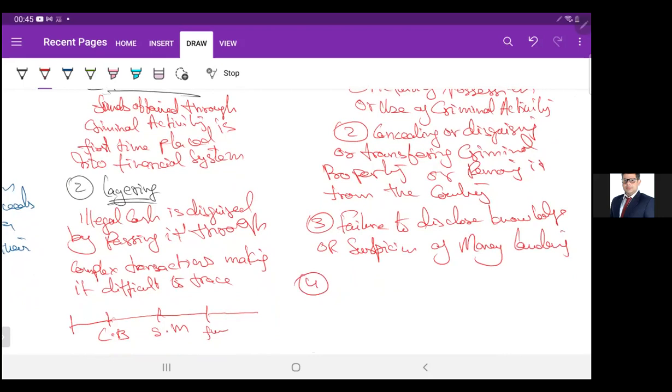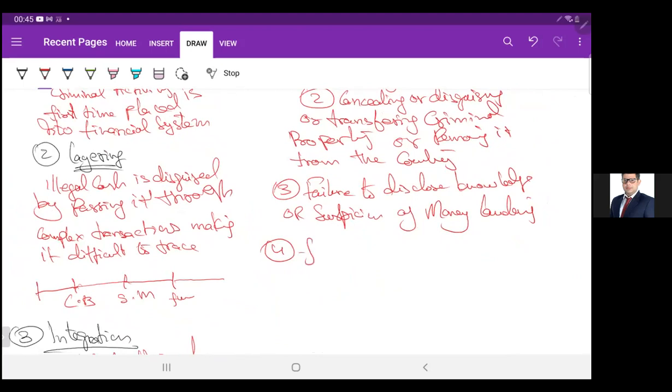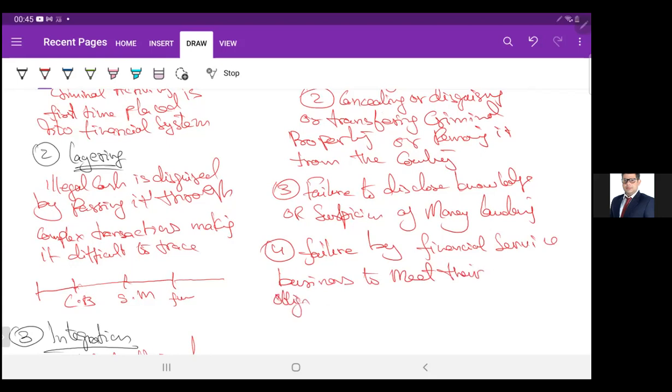Number four, failure by financial service business to meet their obligations under money laundering regulations.